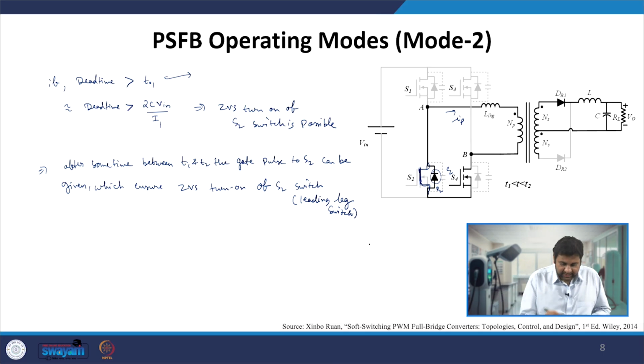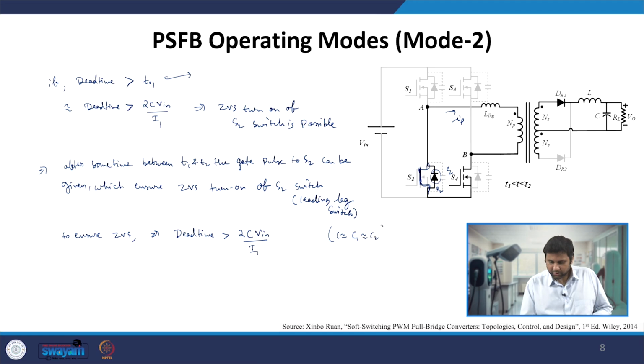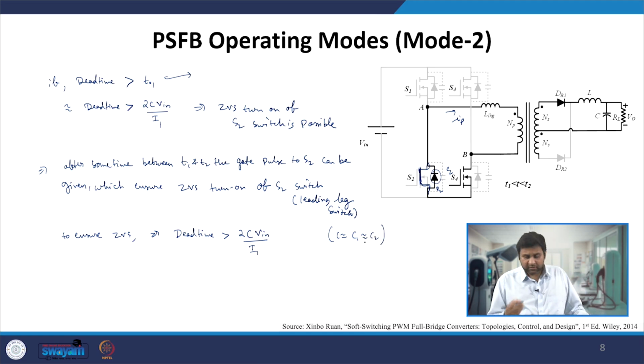So in order to ensure ZVS, we must ensure that the dead time has to be greater than 2 C V in by I1, where C is nothing but C1 equal to C2, the output capacitance of the devices, if we assume we are using the same devices.